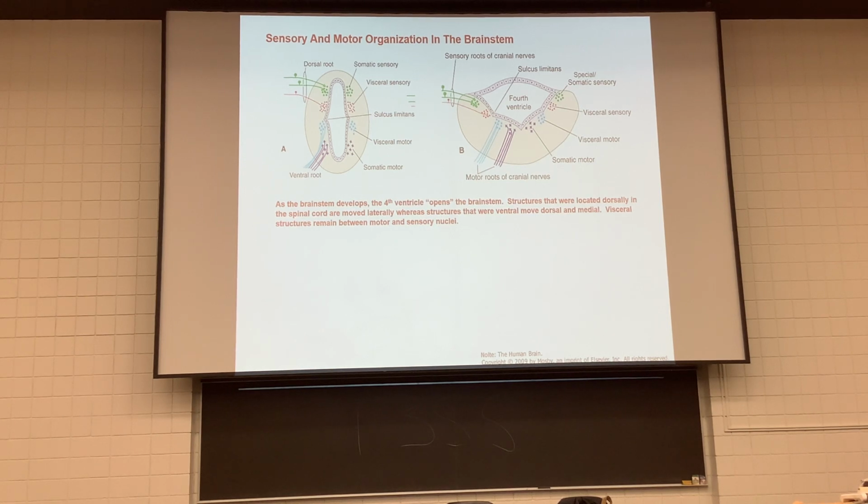Motor will be medial. Think of the M&Ms. And that means, kind of by default, sensory is going to be more lateral. So if I'm looking at something that's right on the midline, I'm not going to identify it as a cranial nerve nucleus that's involved in carrying sensory information.